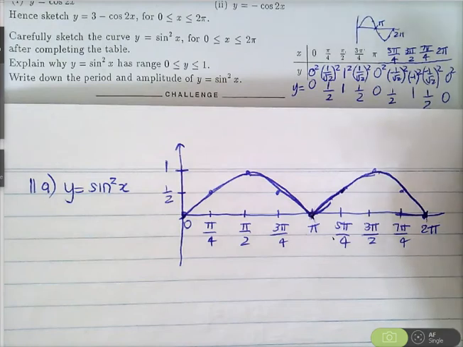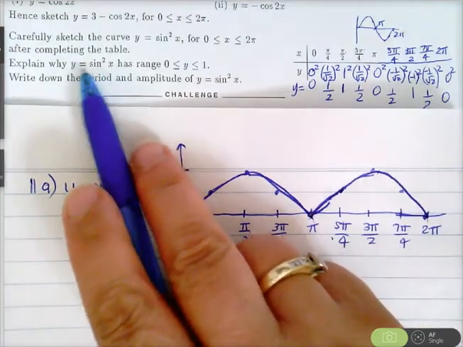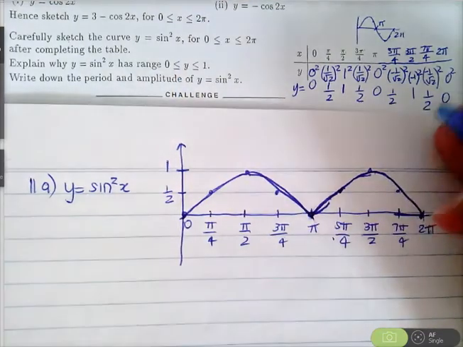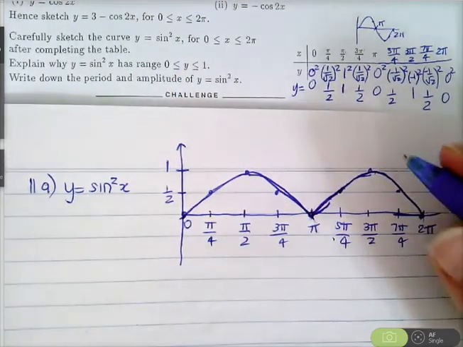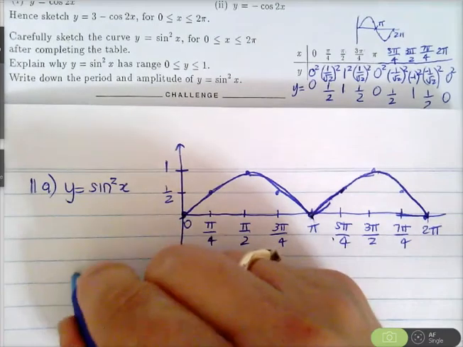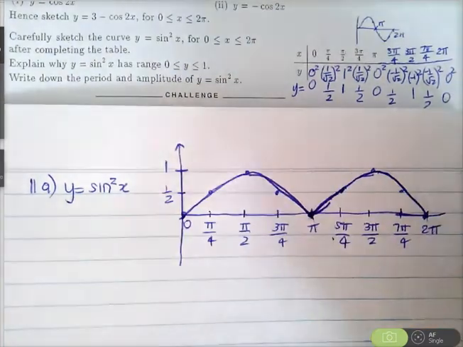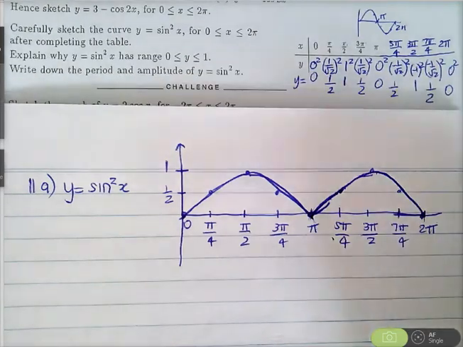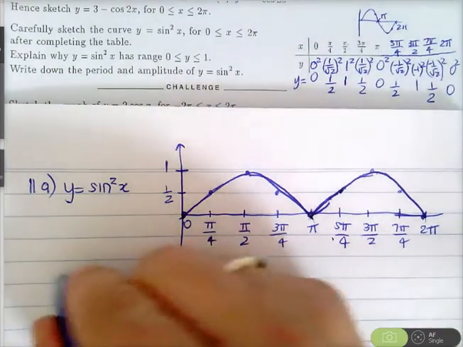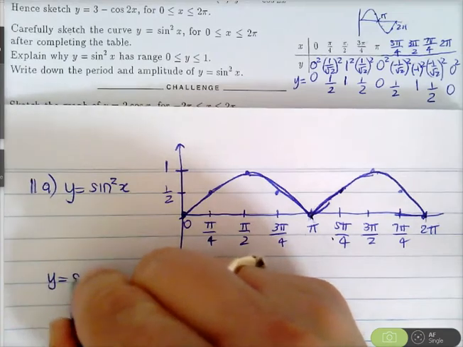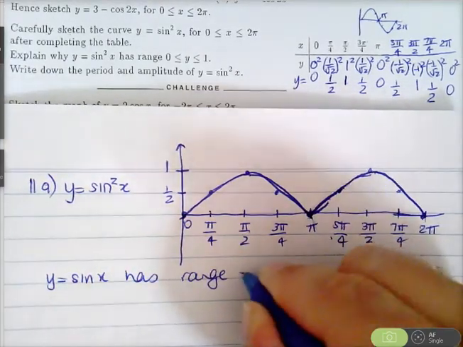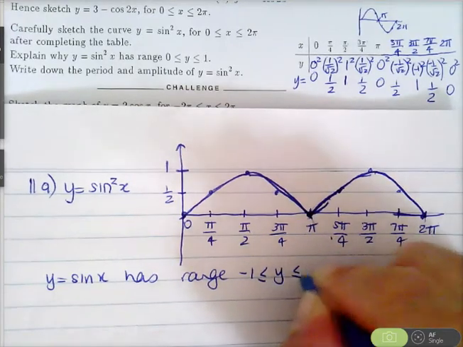And then it says explain why y equals sine squared x has the range, or y values, from 0 to 1. It's because negative values squared become positive. Y equals sine x has a range from negative 1 through to 1.